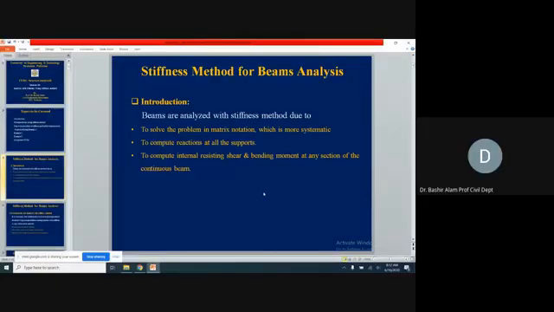As we are currently discussing the beam, a beam element will have only shear and bending moment. It will not have any axial action. If it has axial action, then we call it a beam-column action, which is known simply as a frame.